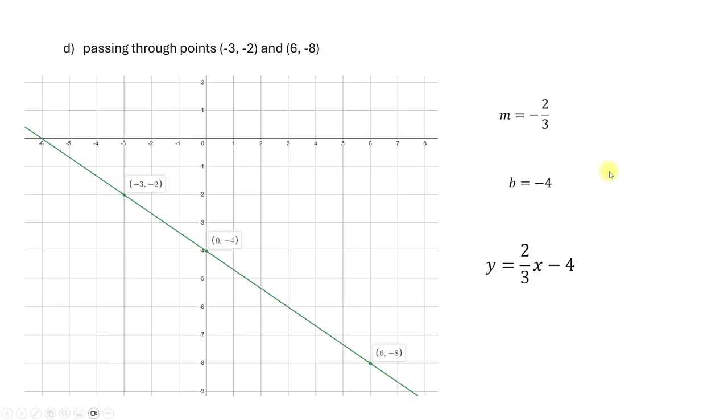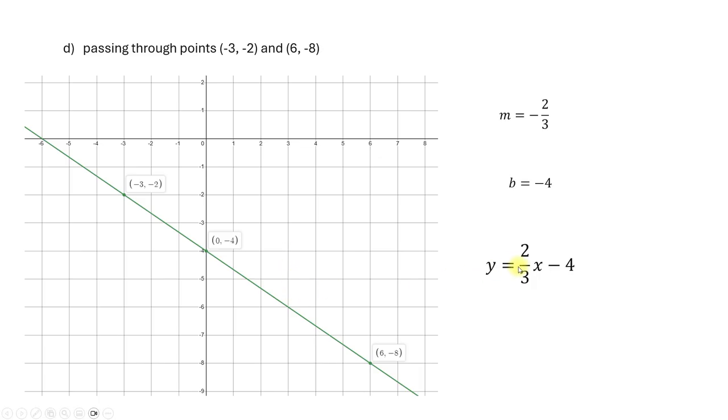Okay, when we did this question, we came up with a slope of -2/3 and a y-intercept of -4. Our equation was y equals 2/3 x minus 4. When we graph that and then check our values, we can see that our y-intercept is indeed -4 and that our slope will have a run of 3 over 2.